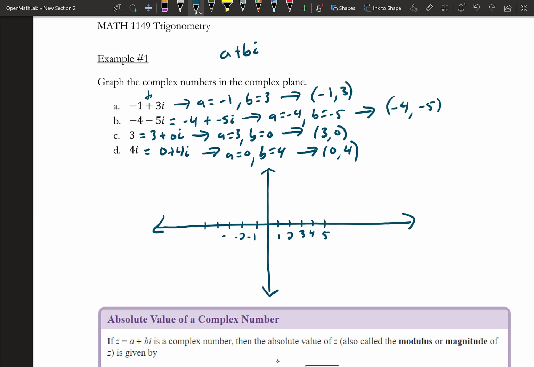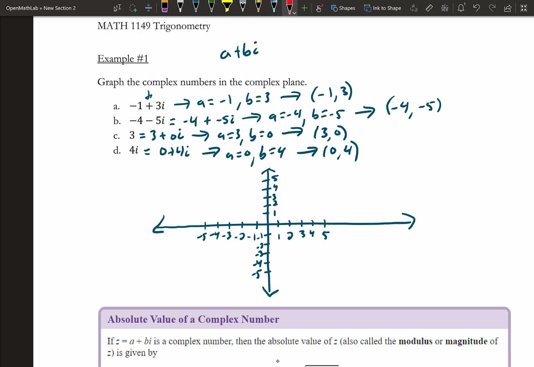We're going up by 1s, but I mean covering values between -5 and 5. So then just plotting -1, 3.